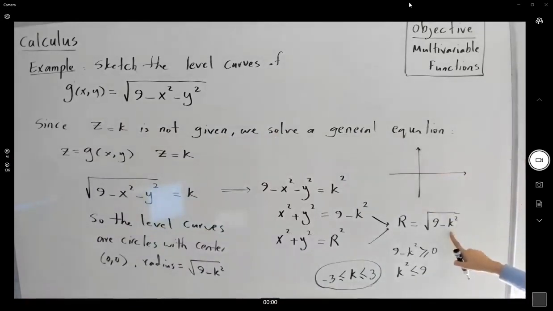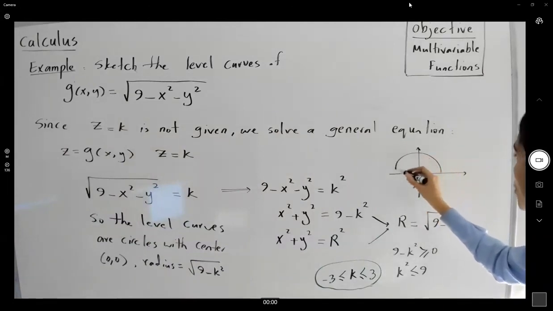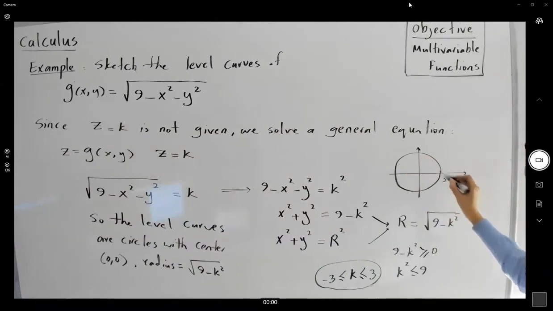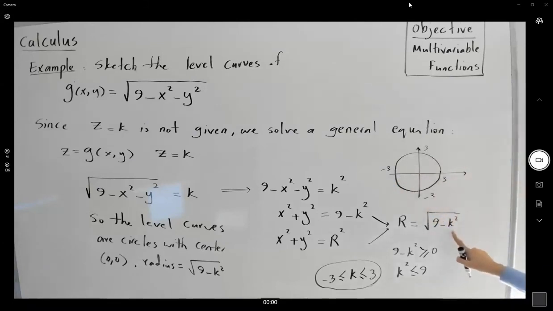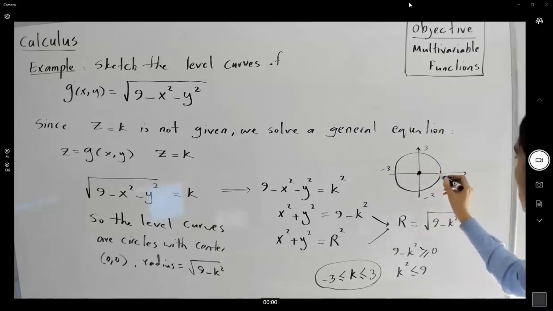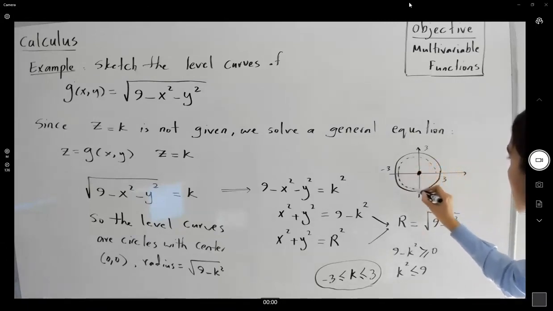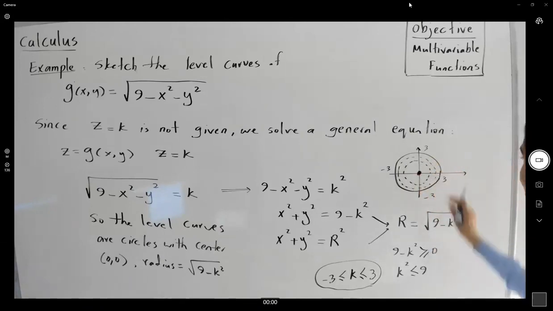If k is equal to 0, you get 3, the largest circle. And when k is exactly 3 or -3, you get the origin. The rest of these are concentric circles. Not a beautiful circle, but still we get the level curves.